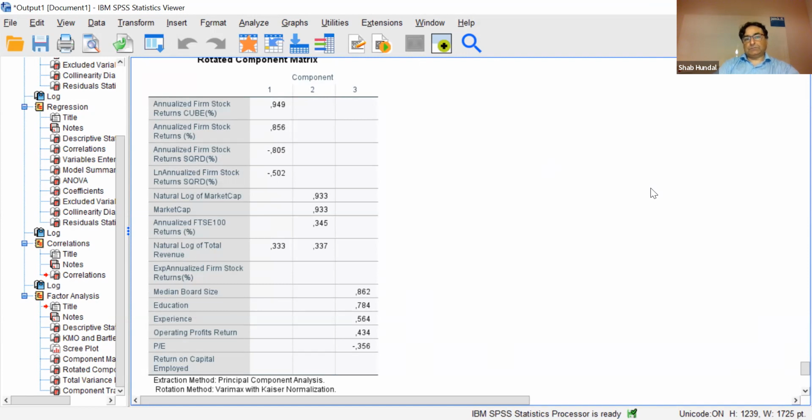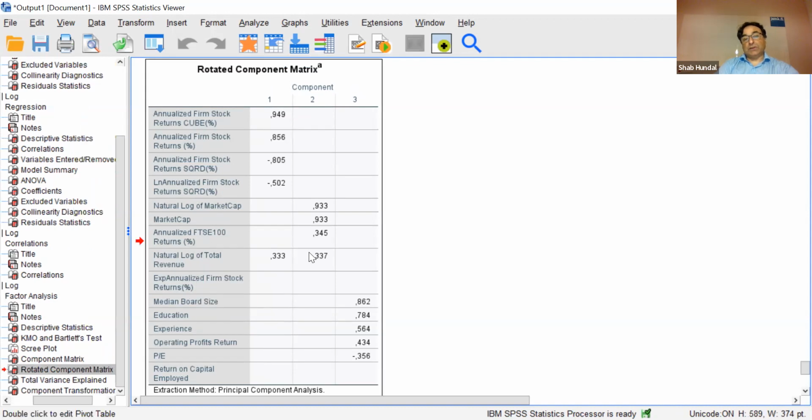And one thing more, whenever you see that a variable is in 2 cells, like here you can see that the natural log of total revenue is in component 1 and also in component 2, never take it. Never consider it as a factor. Only take those variables which are clubbing in one and only one component. If you find that a variable is spreading in more than one component, ignore it altogether.